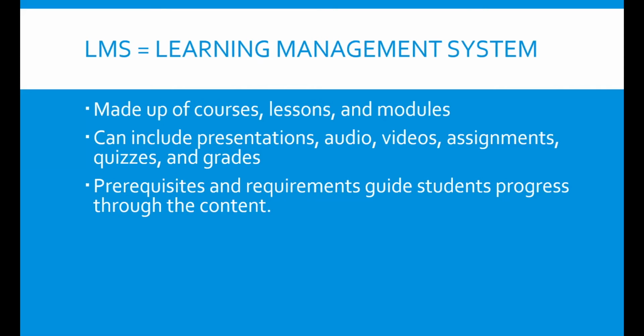One of the other unique aspects of a learning management system is you can have prerequisites and requirements that will guide students step by step through the content. So basically, you can control content access. You have to take course 1 before you can take course 2, and you have to step through each course individually.